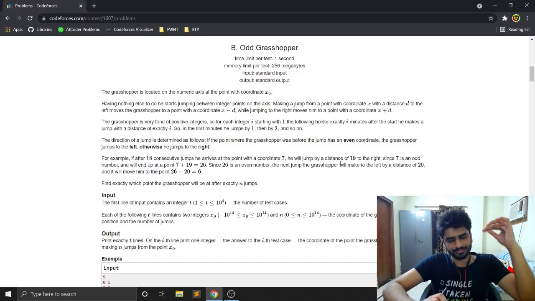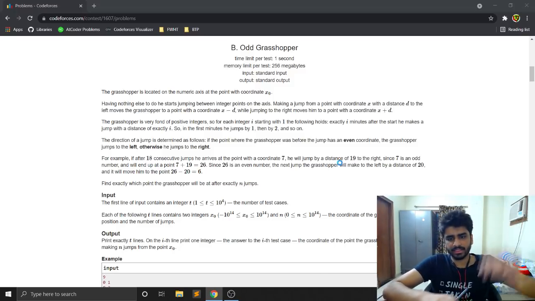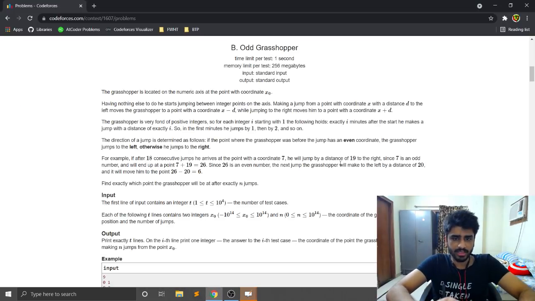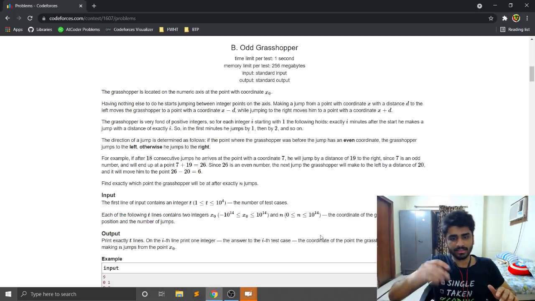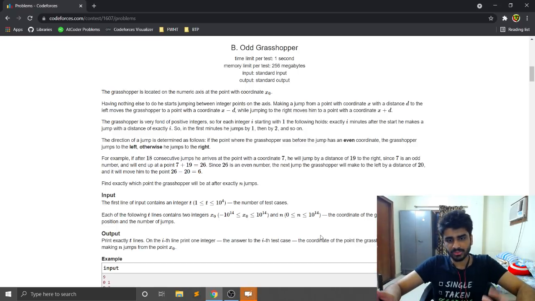We start from the point x, whatever x naught is given, and on, say, the seventh move we will jump seven positions. On the ninth move we will jump 9 positions. On the 11th move we will jump 11 positions, and so on.